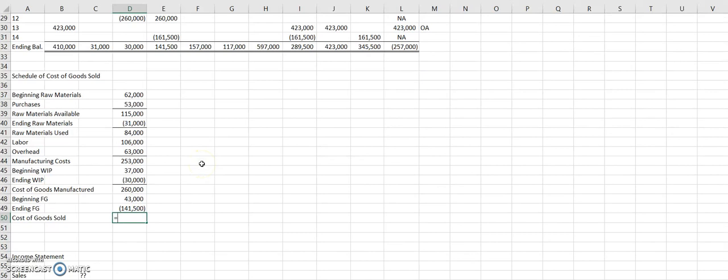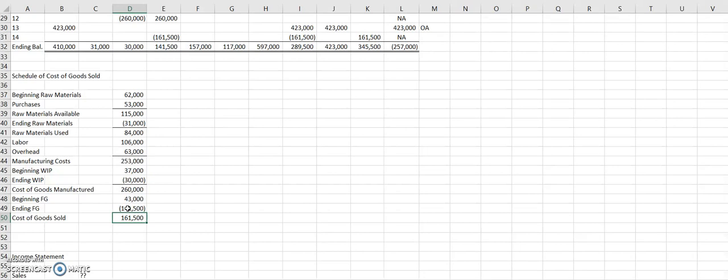So then our cost of goods sold for this period was the cost of goods manufactured plus our beginning inventory, subtract out the ending inventory. There's our $161,500 that the book gave us, but now we have a better understanding of its parts and pieces and how that was actually comprised and arrived at.